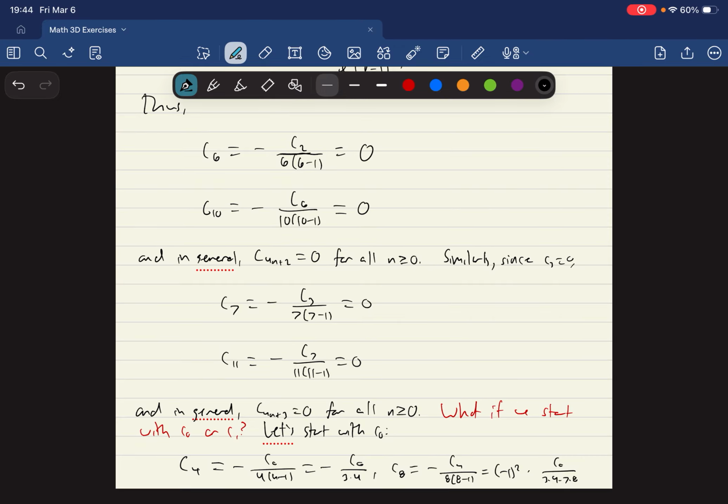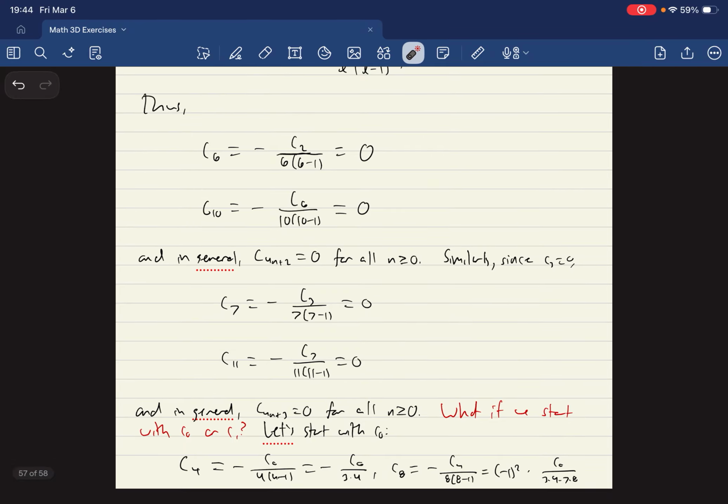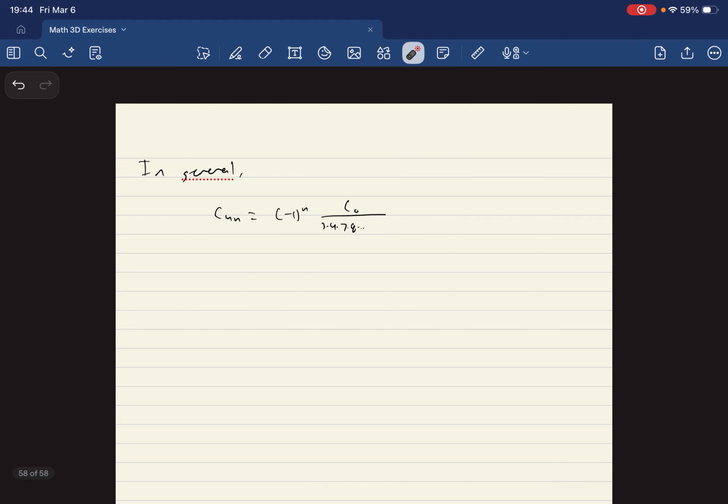And in general, if you continue like this, you'll quickly notice a pattern. You'll notice that the 4nth coefficient is given by negative 1 to the n, C0, all over 3 times 4 times 7 times 8, dot, dot, dots, and we're multiplying this all the way up to, let's see over here, so here we stop at 4n, so this goes up to 4n minus 1, 4n.